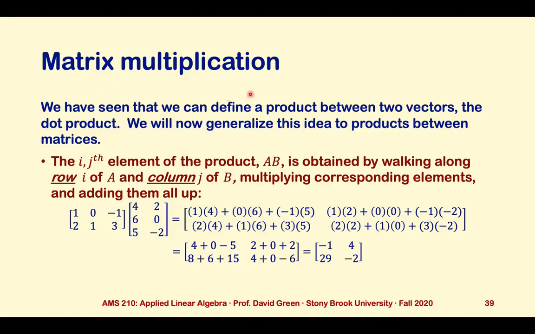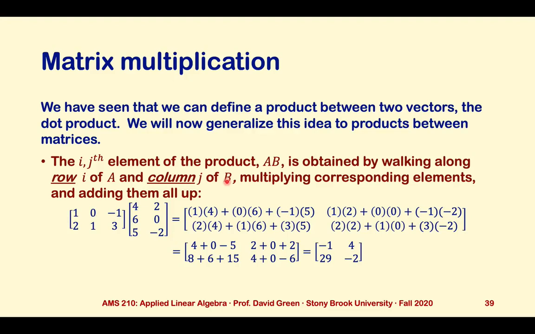We're going to think about a product between two matrices where the answer is another matrix. The matrix is defined such that the ijth element of the product, that is the element in the ith row and jth column of the product, is obtained by walking along row i of the first matrix and column j of the second matrix, multiplying corresponding elements and adding them up.